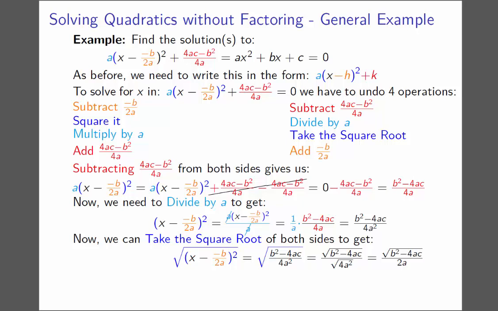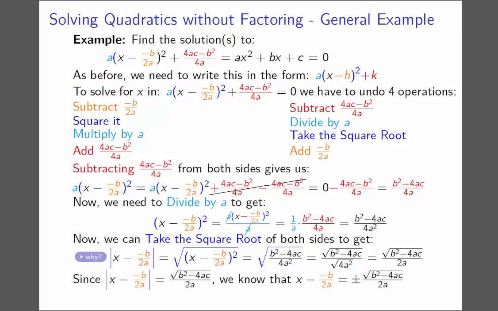But on the left we have the square root of x minus negative b over 2a all squared, which is the absolute value of x minus negative b over 2a. So we have that the absolute value of x minus negative b over 2a equals the square root of b squared minus 4ac all over 2a.